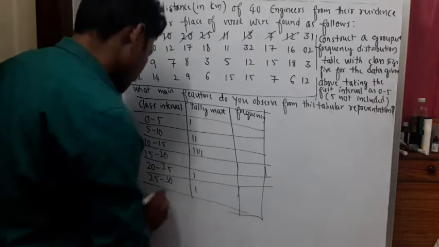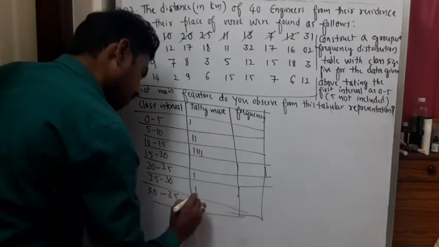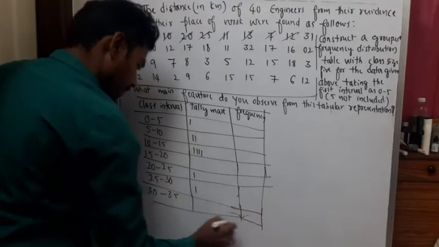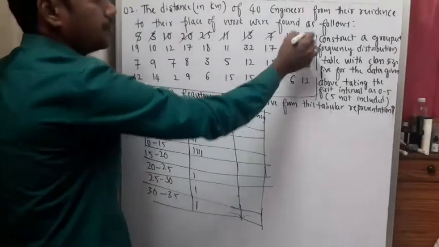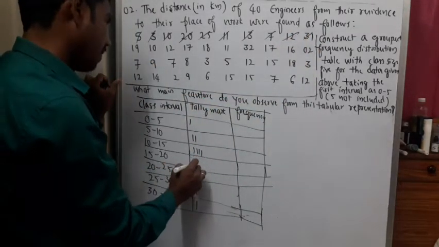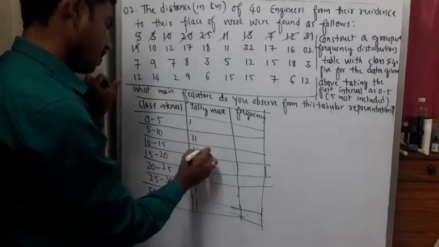Next, 31 is there, so we need one more class, 30 to 35. 31 will come here. Next 19, where does 19 fall? 19 will fall under this. What about 10? 10 will come here.